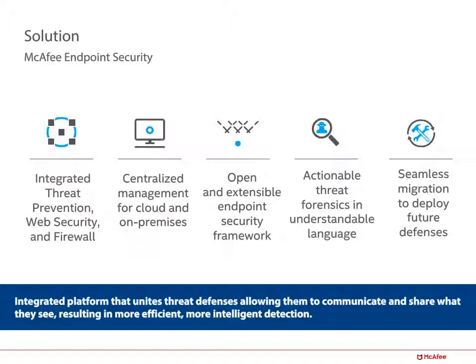It is an open and extensible security framework. We have forensic ability to look at the threats and what is contained in those different threats and what language it is in. And then the migration is very seamless to help you actually migrate from your previous version of the products into this particular one, such as VirusScan being integrated into the ENS product.